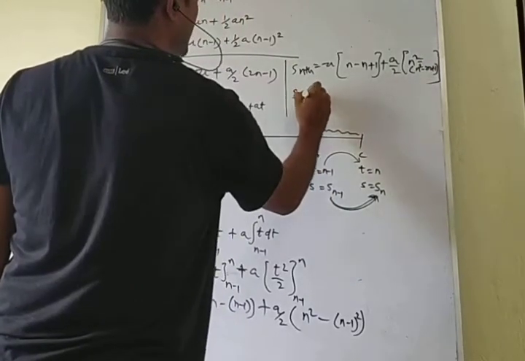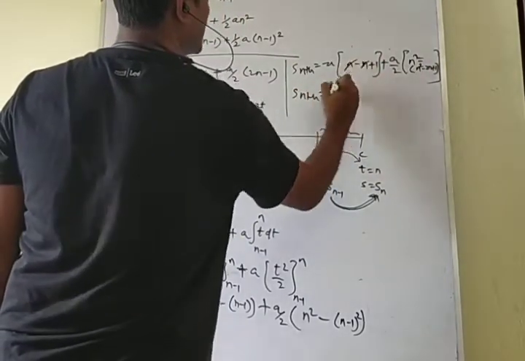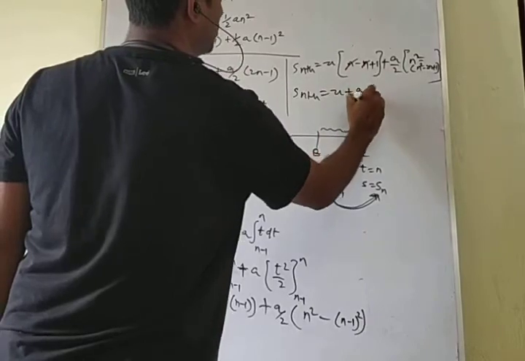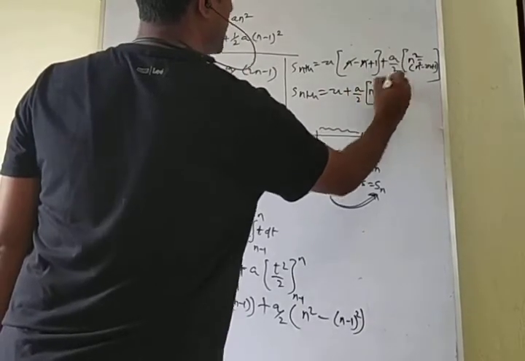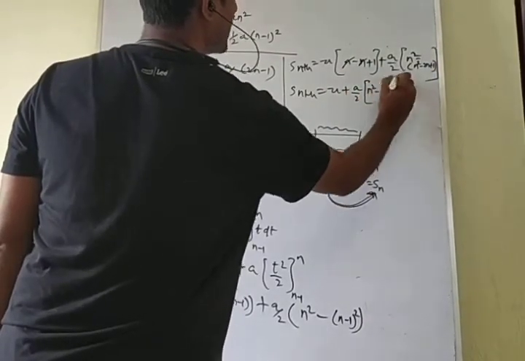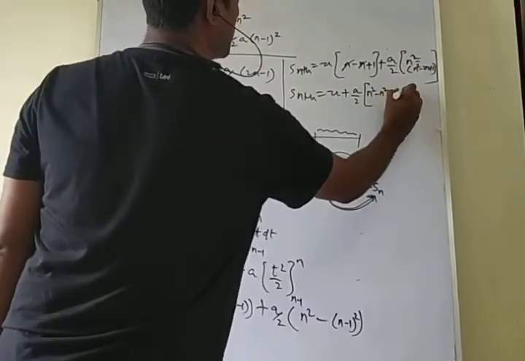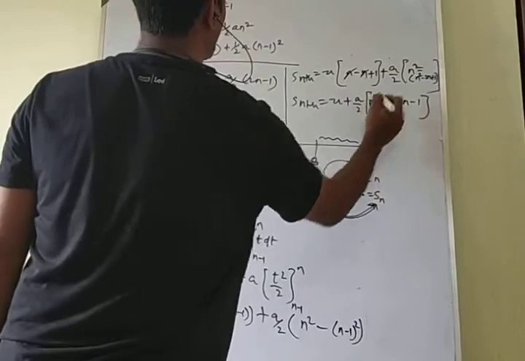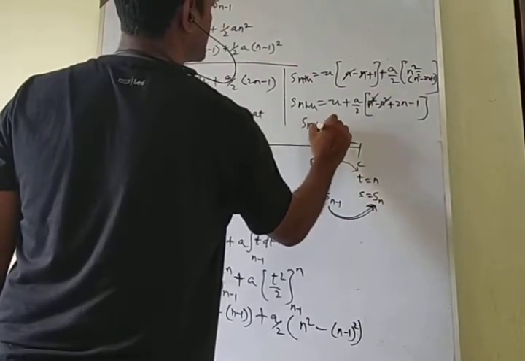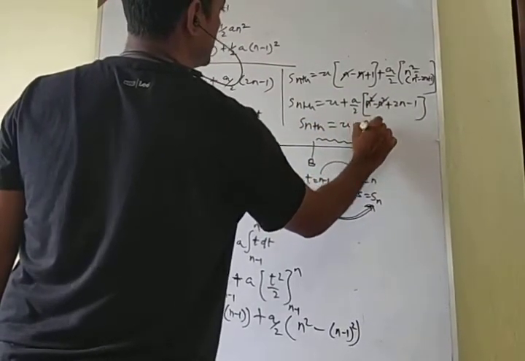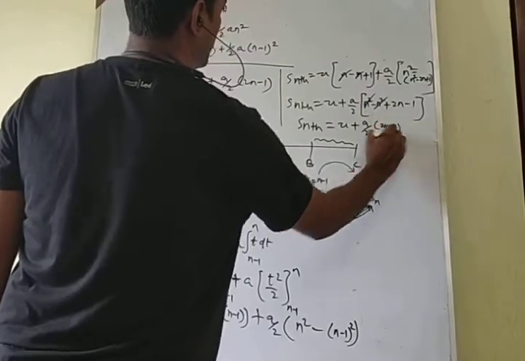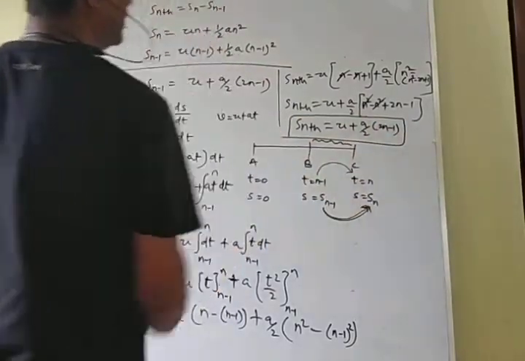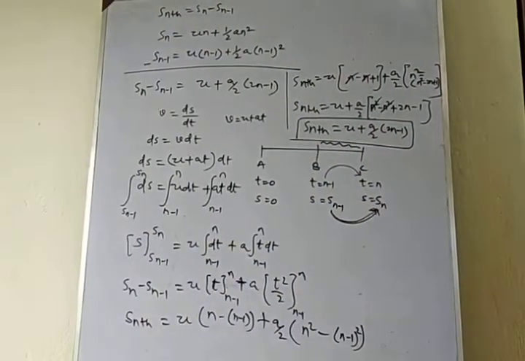So S_nth equals, the n cancels, that will be u plus a by 2. Now n square minus n square plus 2n minus 1. Very simple, you can do it at home also. S_nth equals u plus a by 2 times (2n minus 1). This is my desired equation of motion.